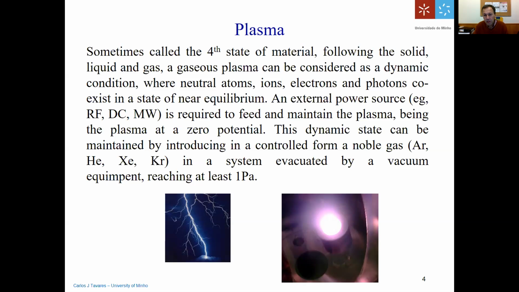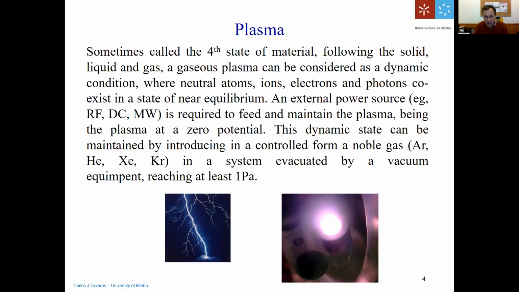So you really need an external power source, for example, radio frequency, direct current or microwave, to create an electric field or an electromagnetic field, in the case of RF and microwave, in order to maintain this plasma, because you have to continuously ionize this inert gas, so it can generate the monovalent ions and the electrons that will sustain the plasma.